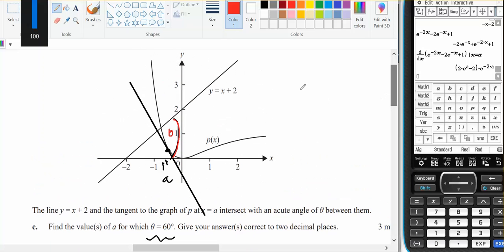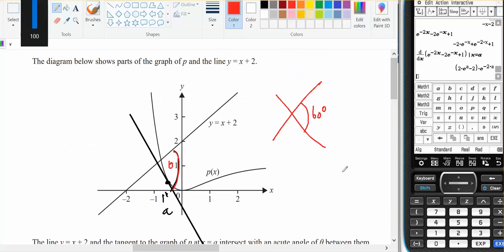Okay, so I can have this line and the tangent, and that can be 60 degrees. Or I can have that line and the tangent and the angle will be 120 degrees because 60 degrees will be on the other side. I've drawn that badly, but what I'm trying to suggest is that there are two ways I can get this answer. I can have the angle between them being 60 or 120.